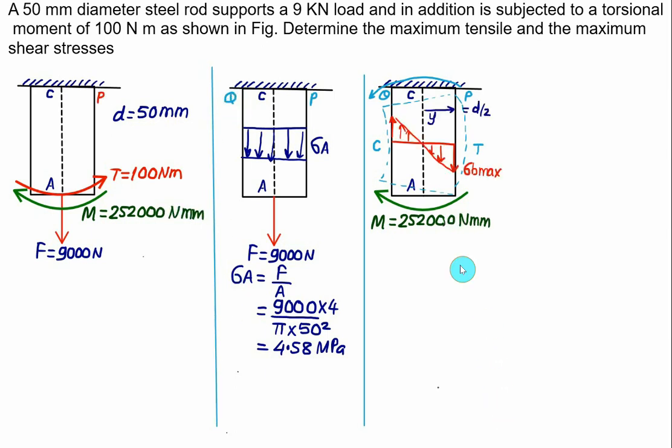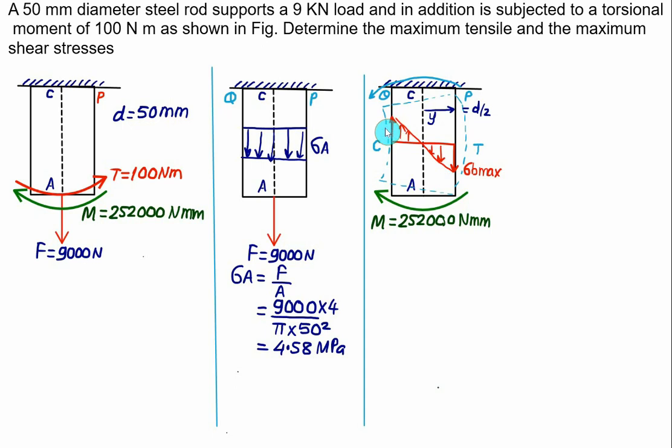The distribution of bending stress will be tension at point P, which is the maximum value, and then the value will go on decreasing. At the neutral axis the bending stress is equal to 0, and on the other side, that is at point Q, the bending stress is negative. So at point P we have a positive value of bending stress, and at point Q a negative value.